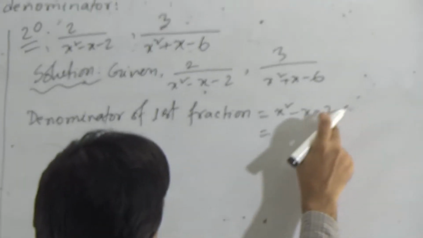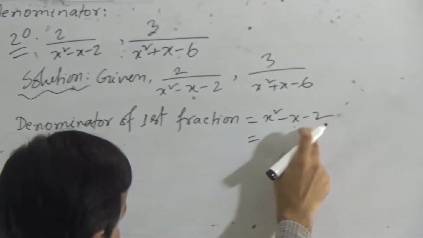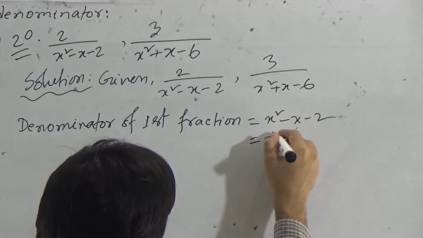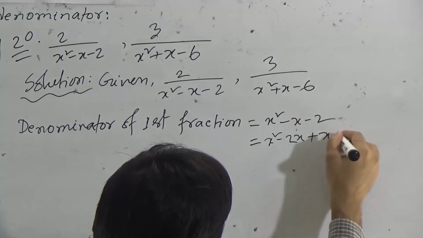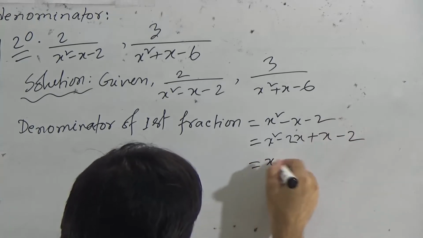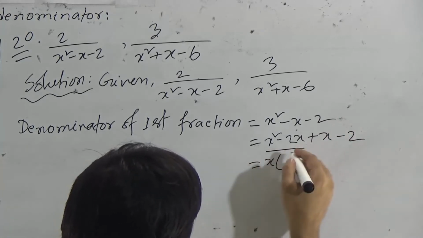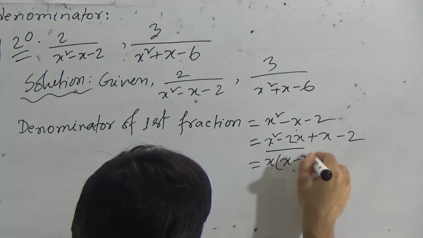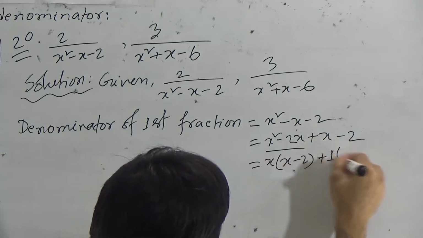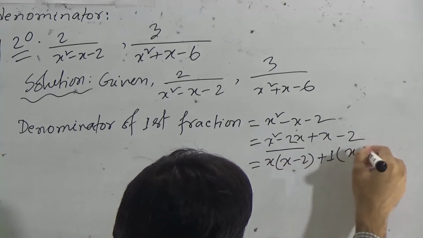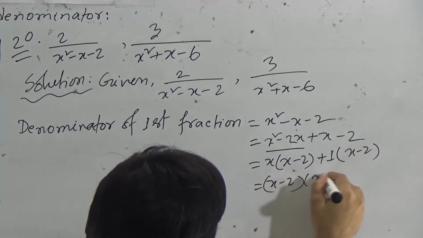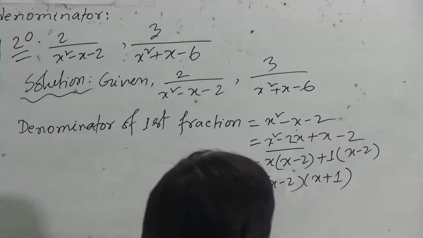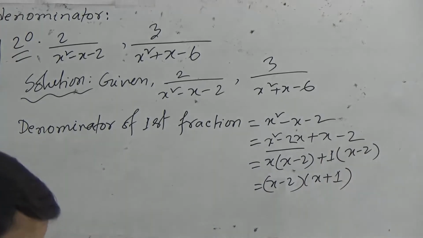Here factors of 2 are 1 and 2. So we can write x square minus 2x plus x minus 2. Now take x as common from the first two terms, you will get x minus 2. Then take plus 1 as common, you will get x minus 2. So you will get x minus 2 into x plus 1.